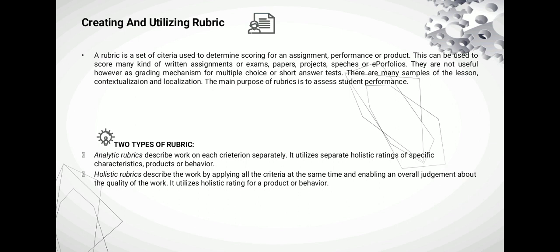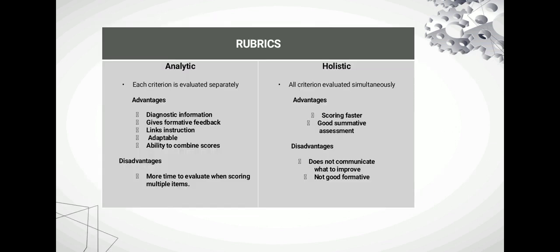So, it provides a holistic rating for the overall product or behavior, making it simpler but less detailed in feedback compared to analytic rubrics. It is because the grading and evaluation are holistic. So we have here the differences or the advantages and disadvantages of analytic and holistic rubrics.